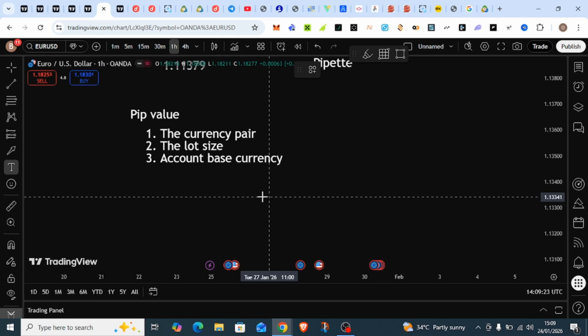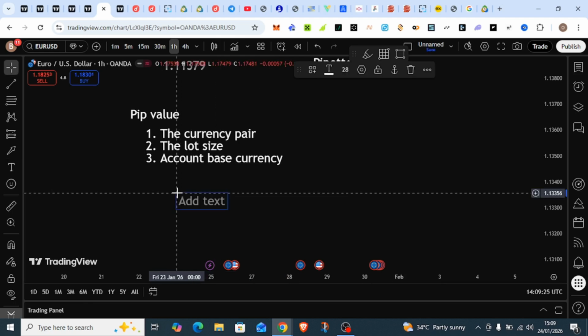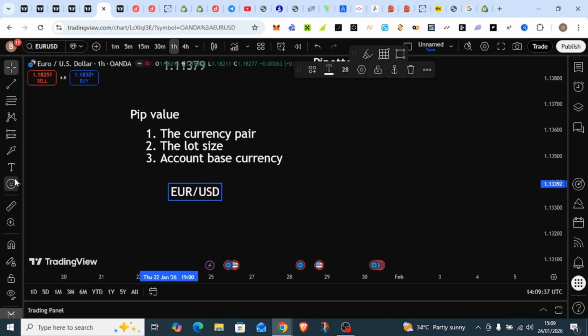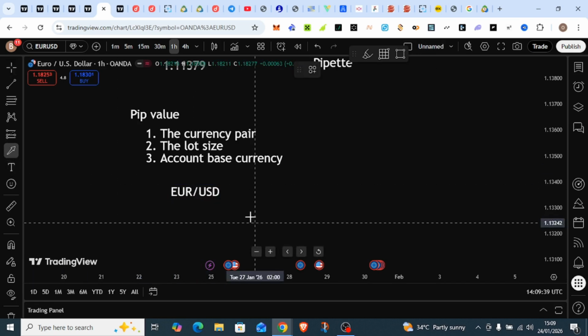So if we have Euro USD, USD here now is the quote currency.